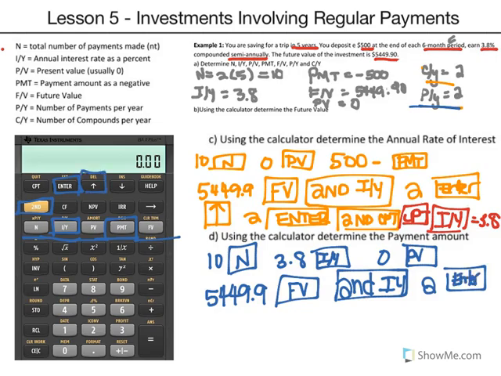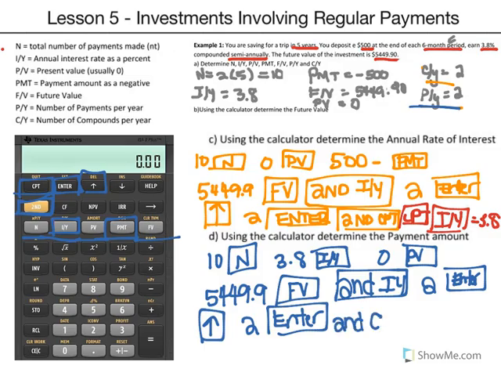Then we go up to CY, and we go 2, enter, and now we're going to quit, so second function compute. Now we're done, we've got all of our values except for our payment, so we're going to compute our payment. And your calculator screen should give you negative 500.